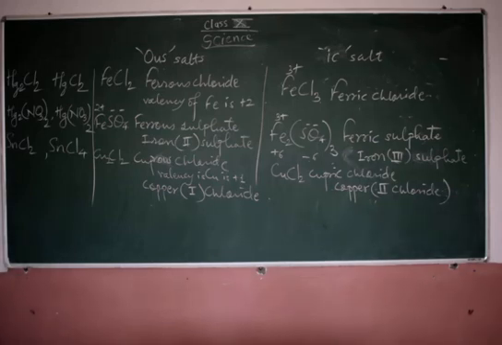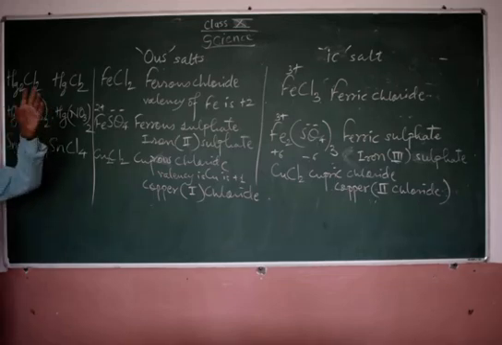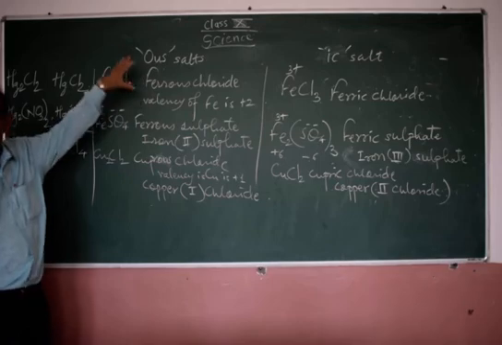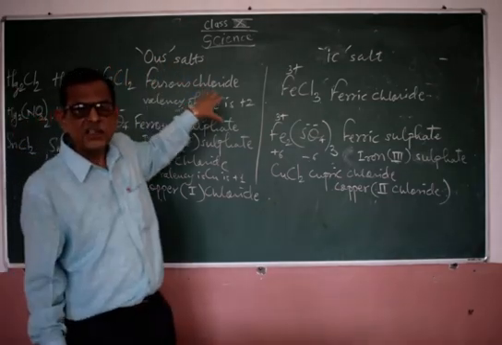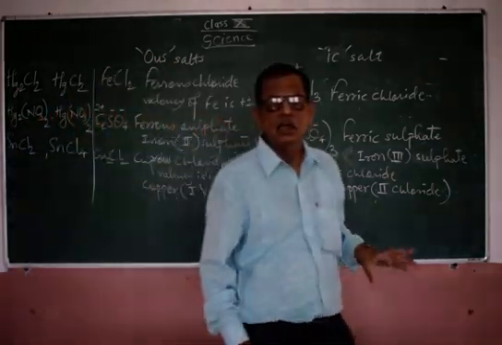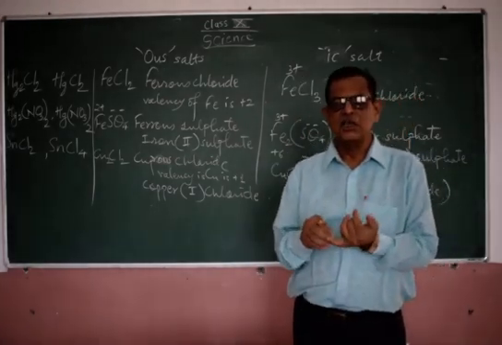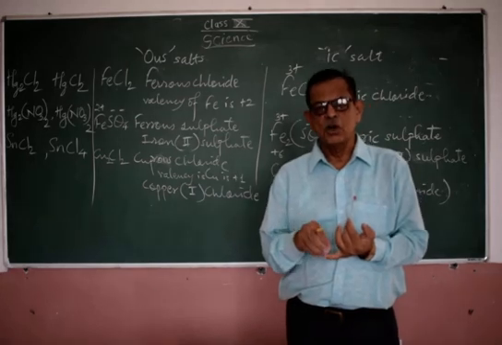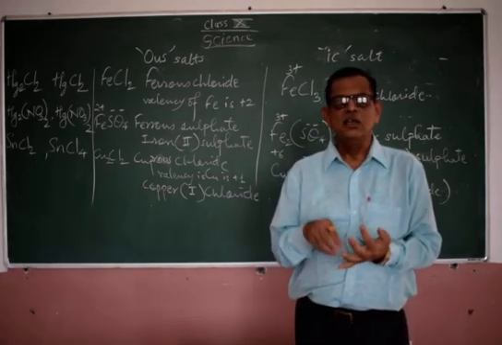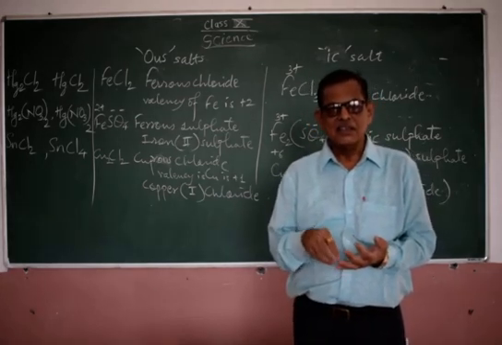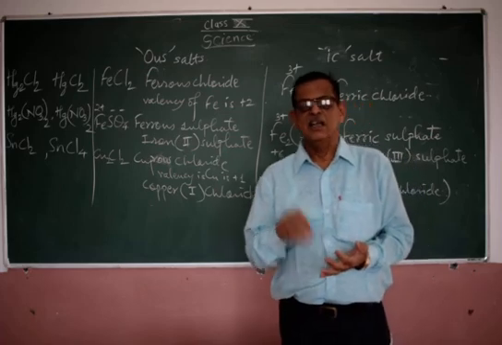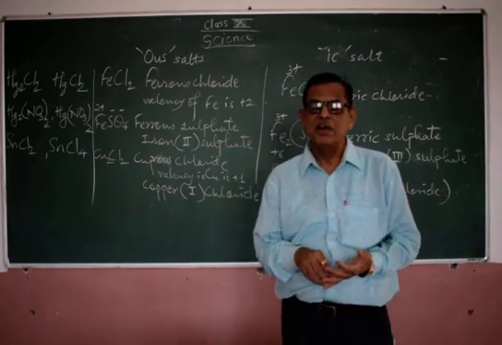So in this way, these are the ous salts and the ic salts. Ous salts have less valency than ic salts. So in this way we can write the formulae of the ous salts and ic salts, which indicate that one and the same element possesses different valencies, variable valencies.